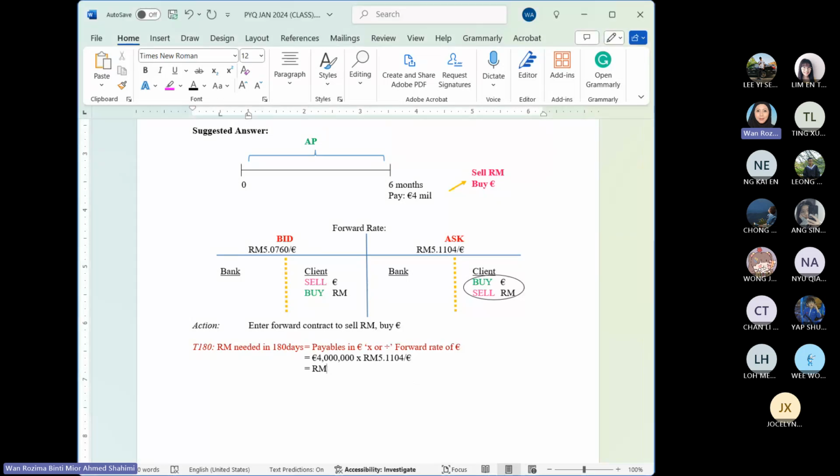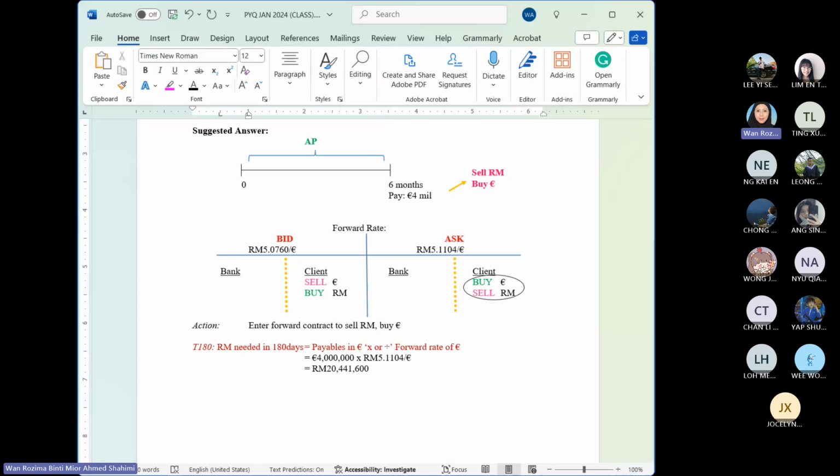Usually this one is 2 marks, isn't it? Based on the question, the allocated mark is 2 marks. As usual, forward market rates are pretty simple. So 20 million 441,600. This is the amount when you use the forward market hedge.